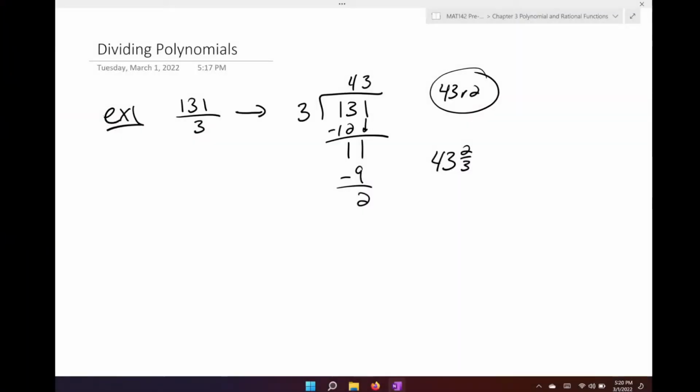So from here on out, we're going to be using what we call the division algorithm to divide polynomials.